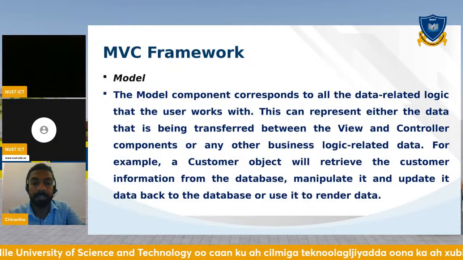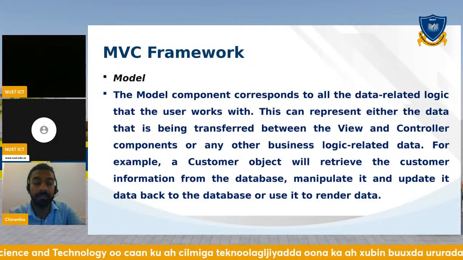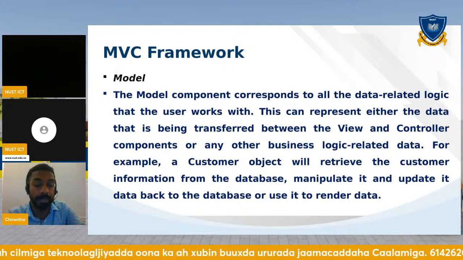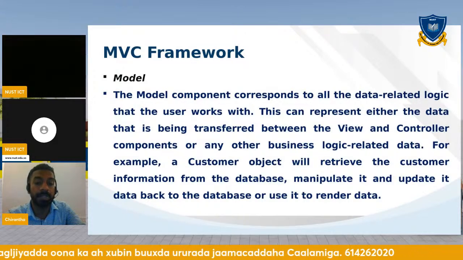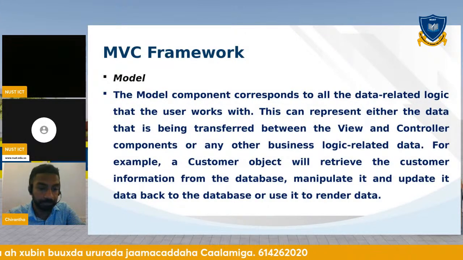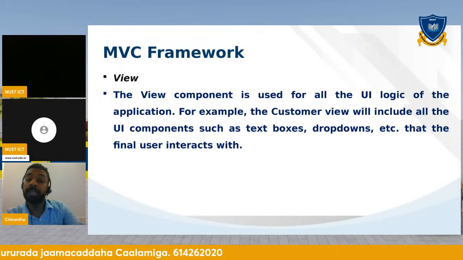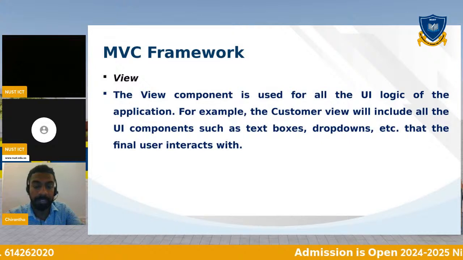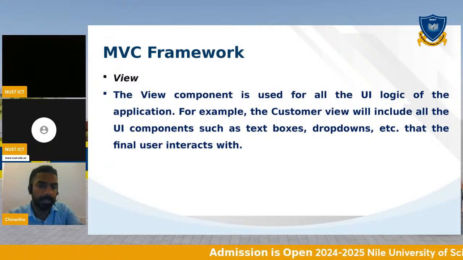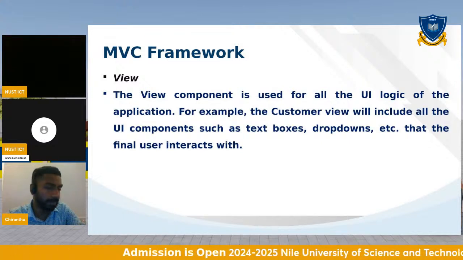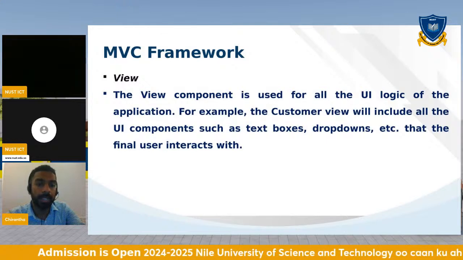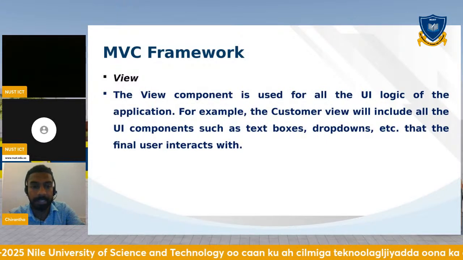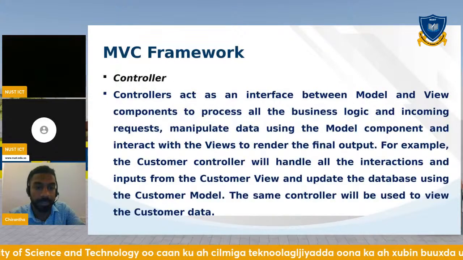For example, a customer object will retrieve the customer information from the database, manipulate it, and update the data back to the database or use it to render data. Then the view is used for all the UI logic of the application. For example, the customer view will include all the UI components such as text boxes, drop downs, etc. that the final user interacts with.